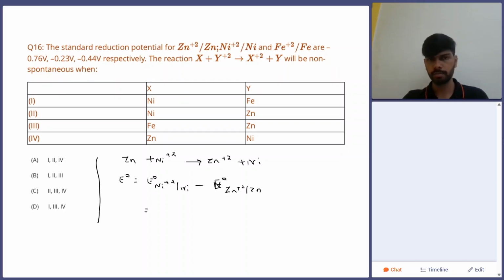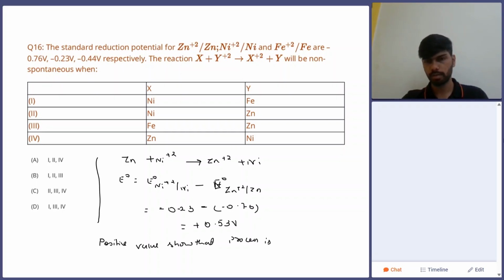That will become nickel is -0.23 minus (-0.76), so it will become +0.53 volt. So a positive value shows that the process is spontaneous.